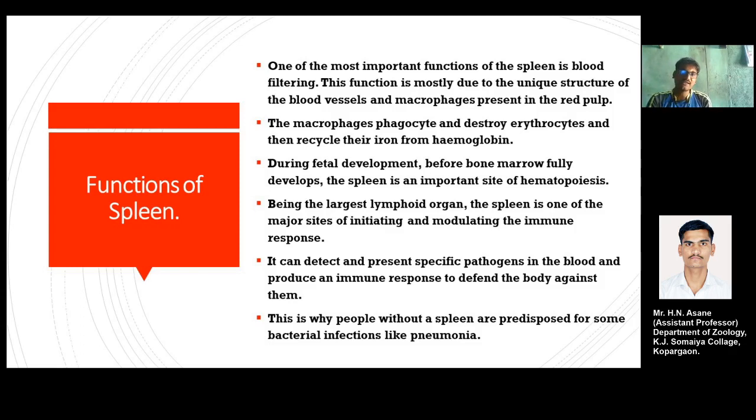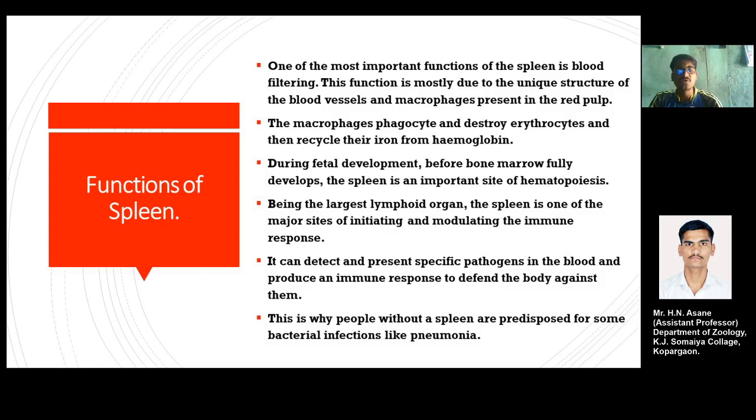So it can detect and present the specific pathogens, with the B lymphocytes and all other lymphocyte cells. T lymphocytes have the ability to present the antigens on them. So the specific antigens and the specific pathogens, all these things you will see.